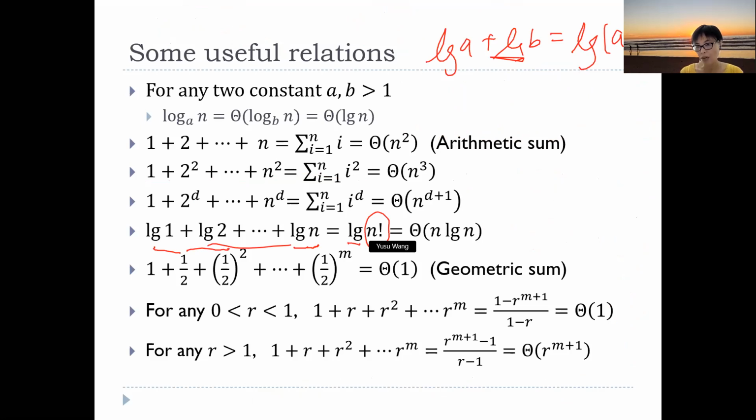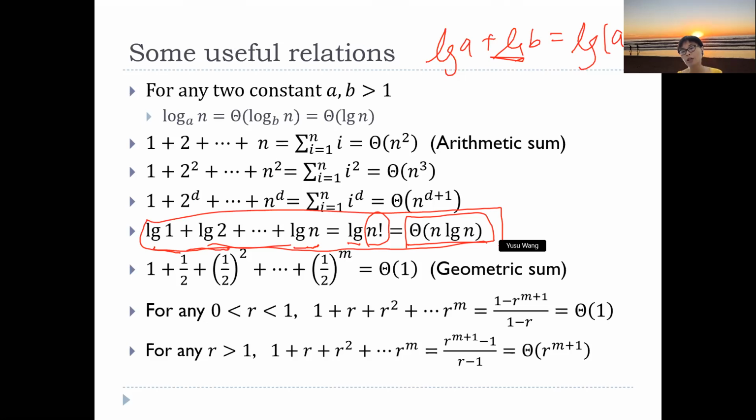And it turns out that n factorial is essentially related to n to the power of n. That's why when we take the exponent to the front, we get this. More precisely, we should use an inequality called Stirling's inequality, but this is a very useful fact that we'll use later.